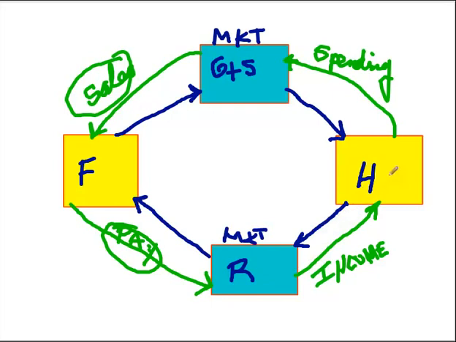And so we have this flow then of money going around on the outside. Firms pay the workers, the workers get the income, they spend the income, and it goes back to the firms in the form of sales. Okay? So this is the simple circular flow.